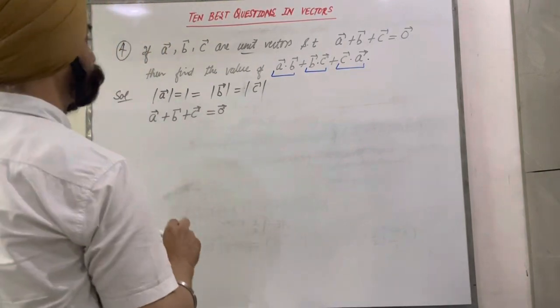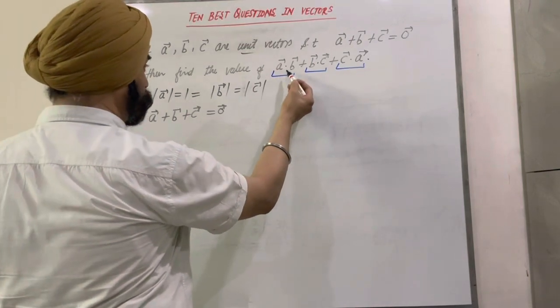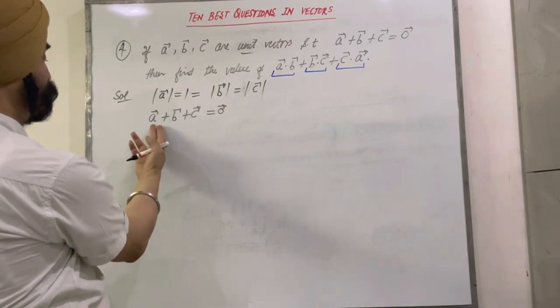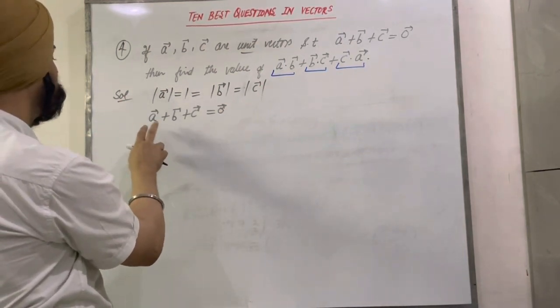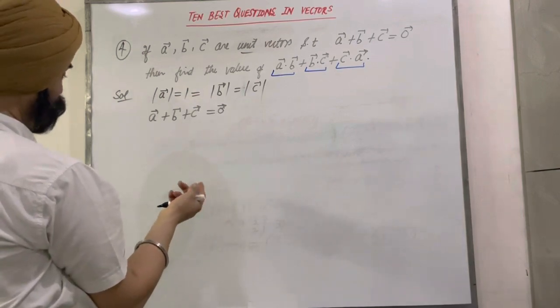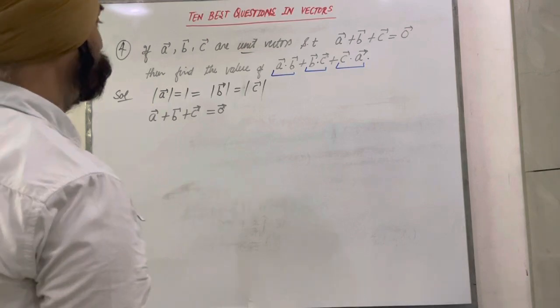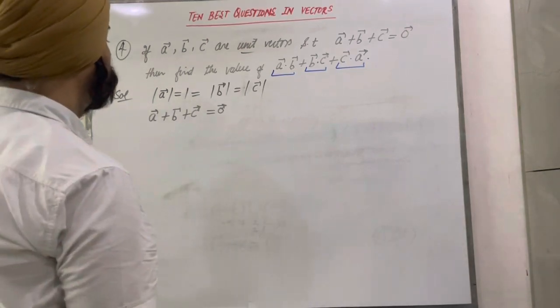Now here, suppose the first term, vector A dot vector B. This can be generated if I take the dot product of this equation with vector A, because vector A dot vector B will be here at the second place. I can do the reverse also, I can take the dot product with vector B as well.